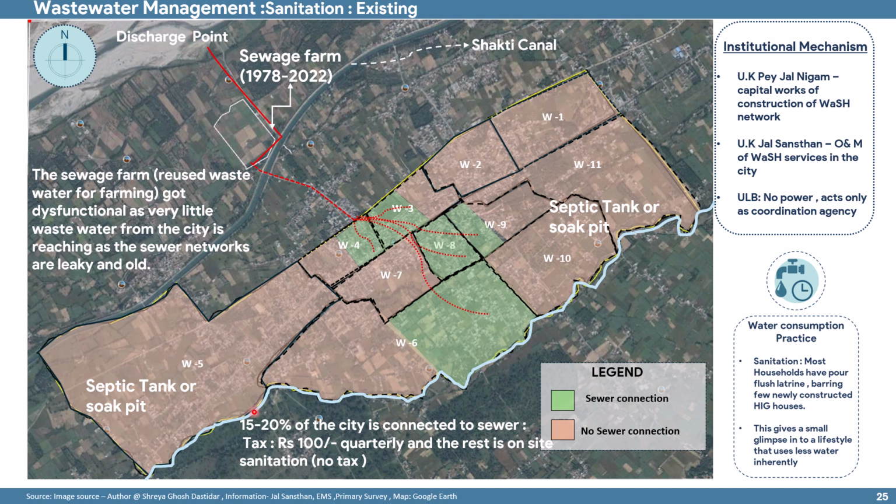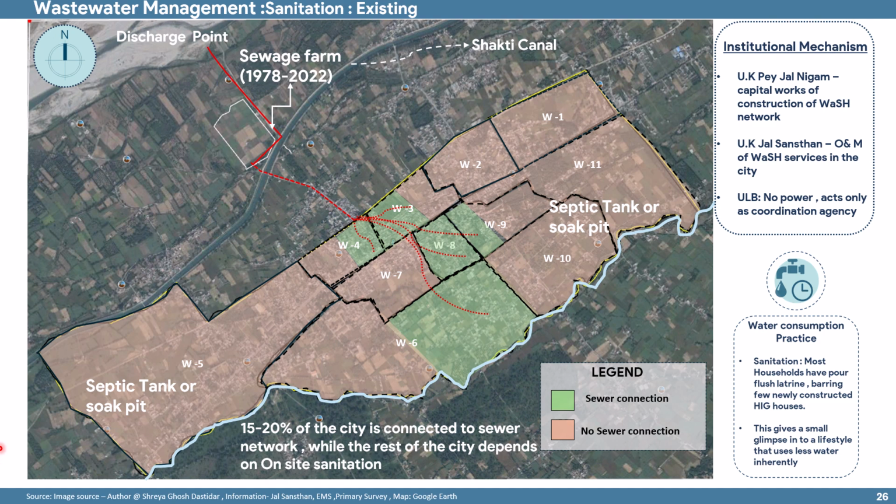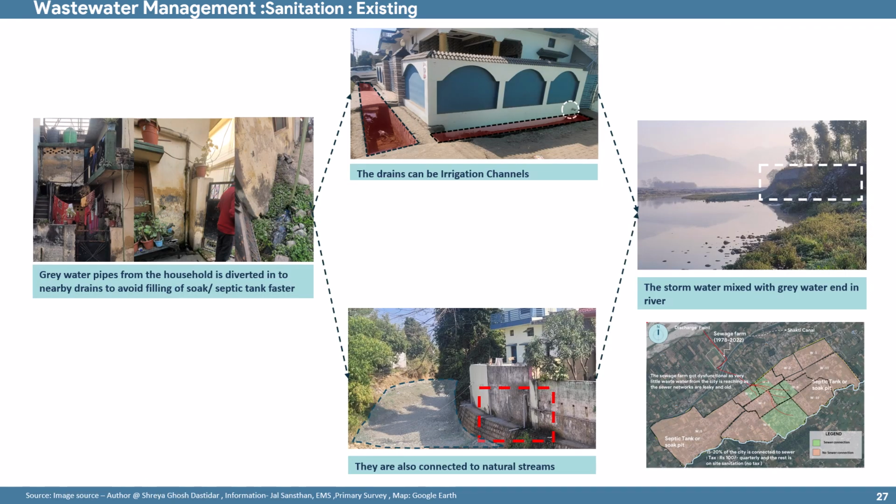The rest of the city is dependent on on-site sanitation for wastewater. But in the case of on-site sanitation, often the grey water discharge from individual households is observed to be connected to nearby streams, stormwater drains, or irrigation canals, creating environmental degradation.